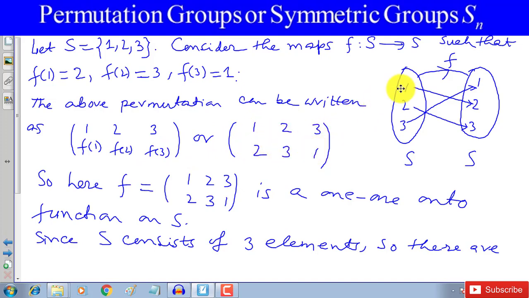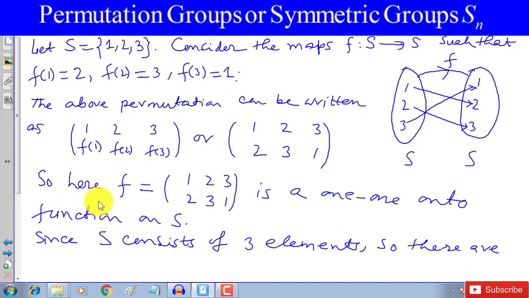From the diagram, we can see that the image of 1 under f is 2, the image of 2 under f is 3. That is, f(1) = 2, f(2) = 3 and f(3) = 1.